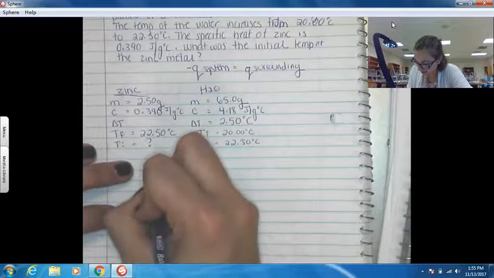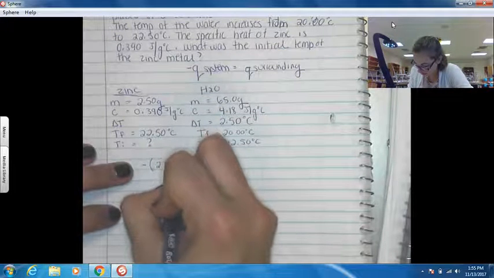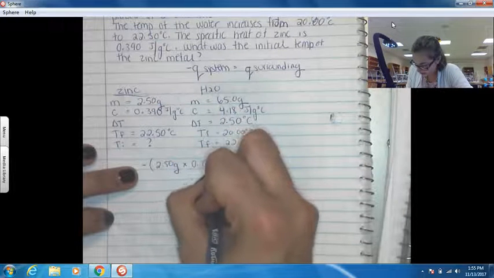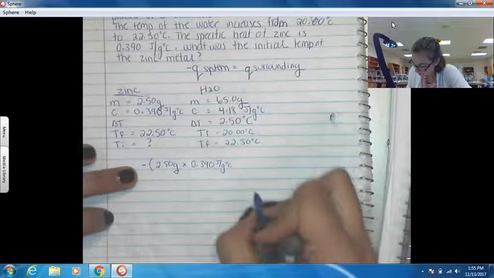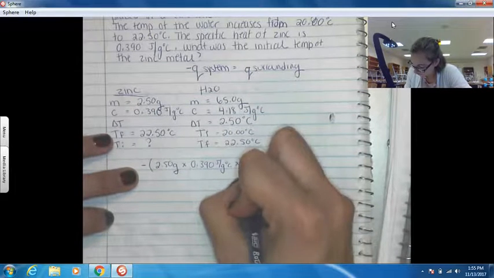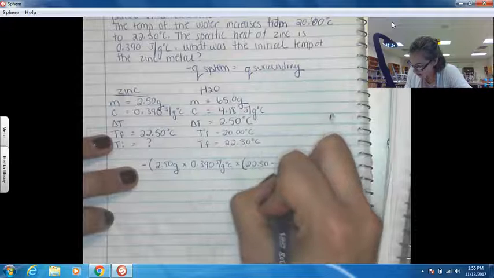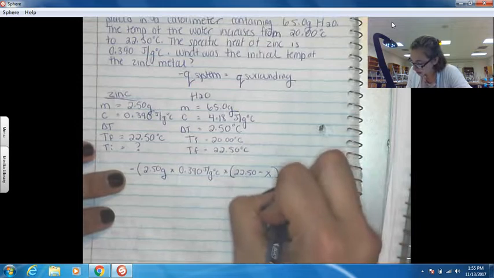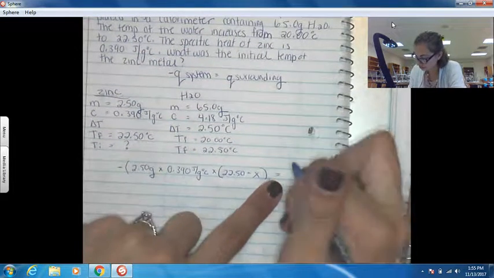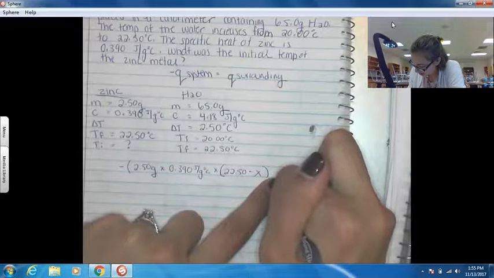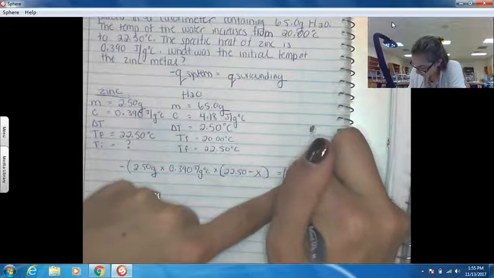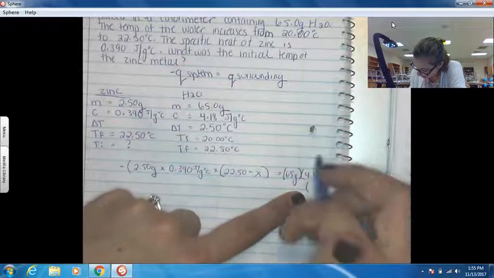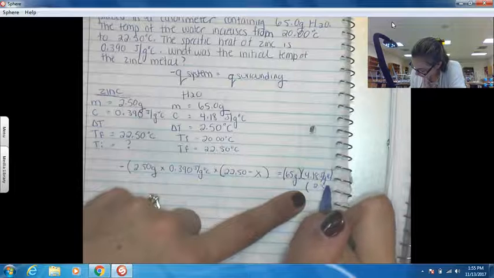So we have a negative 2.50 grams times 0.390 joules per gram degrees Celsius times our final temperature minus X, we don't know what our initial temperature is, equal to 65 grams times 4.18 joules per gram degrees Celsius times 2.50 degrees Celsius.